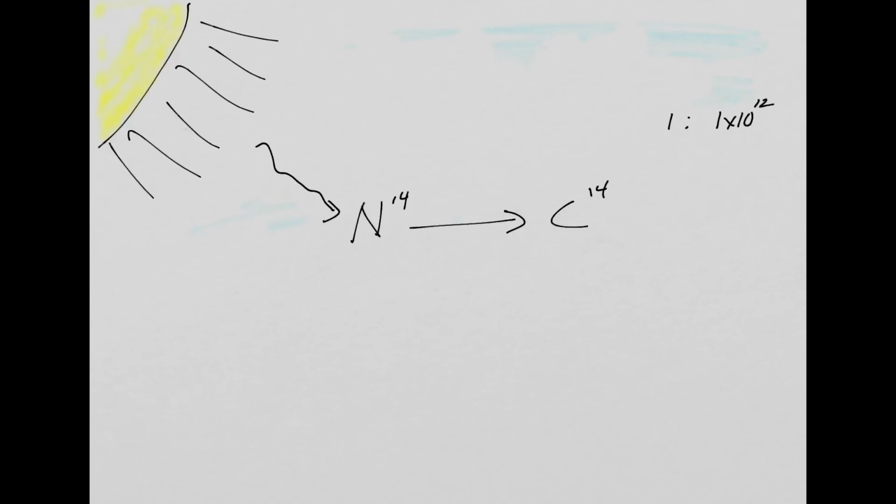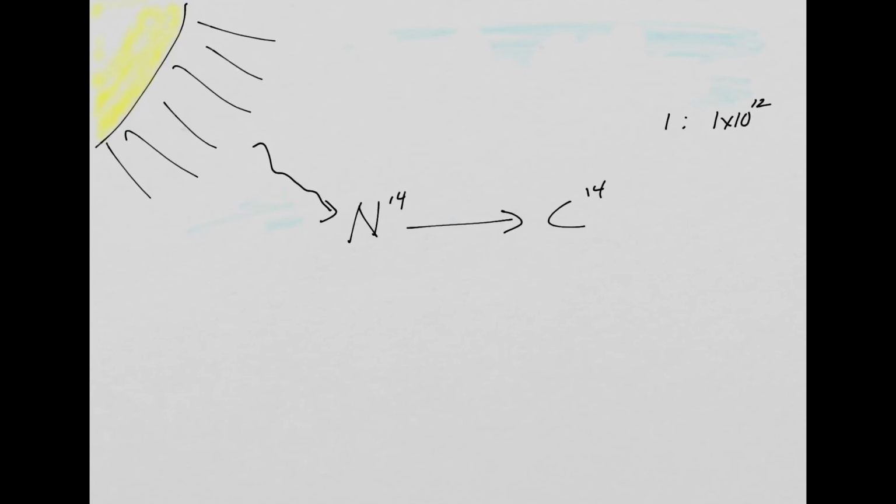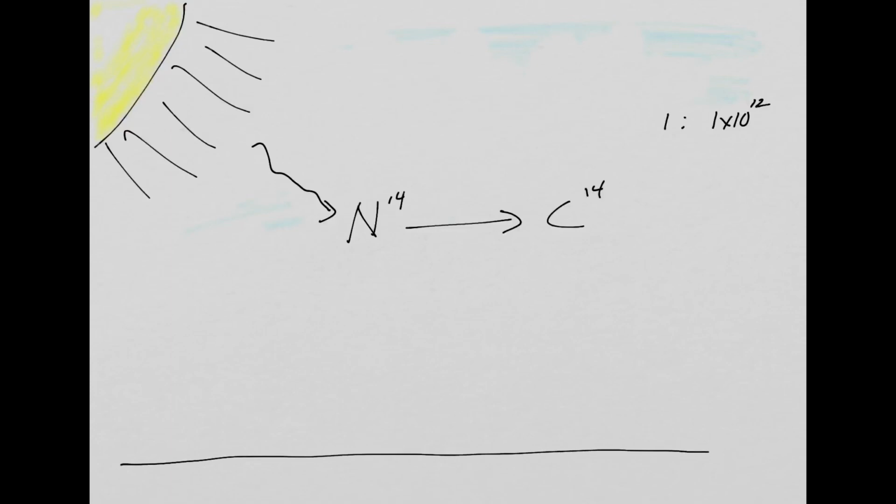I believe so. All right. So 1 in 1 trillion atoms are radioactive. Now, meanwhile, on Earth, you've got trees and living organisms that are incorporating carbon into their daily lives.